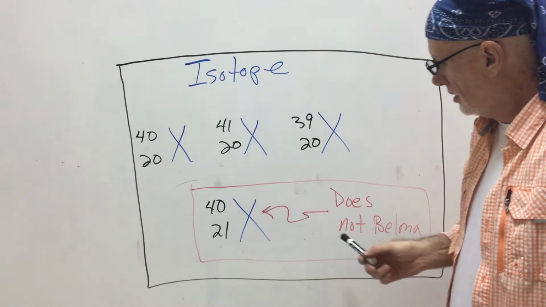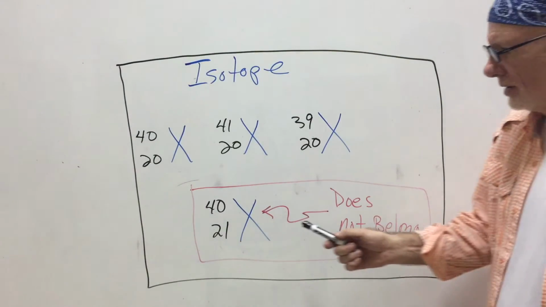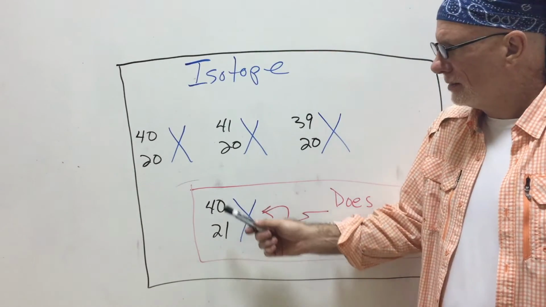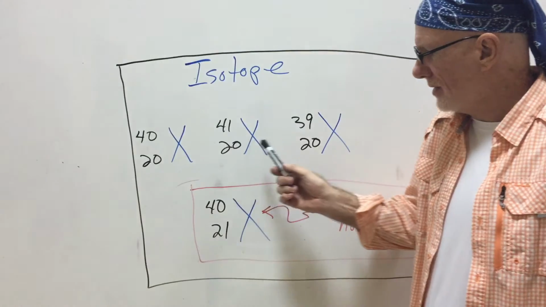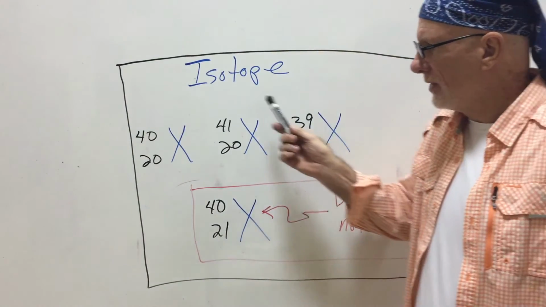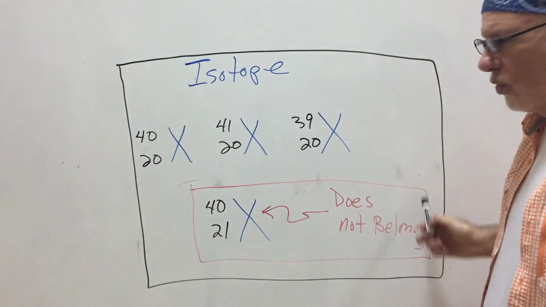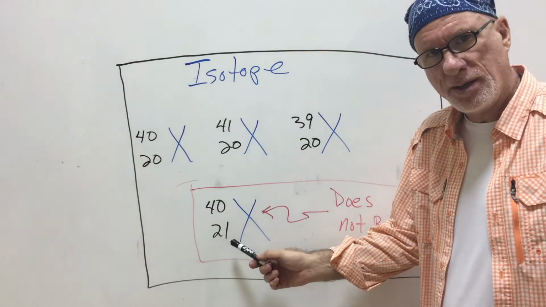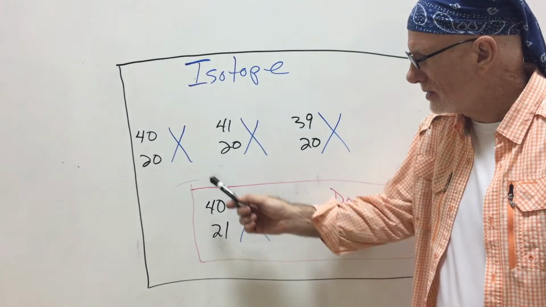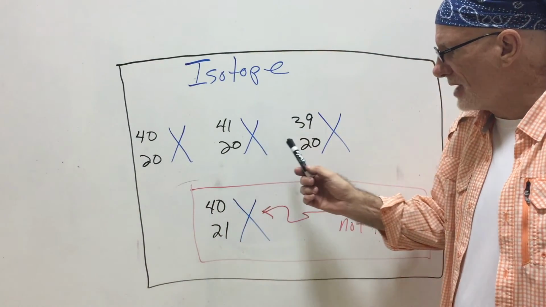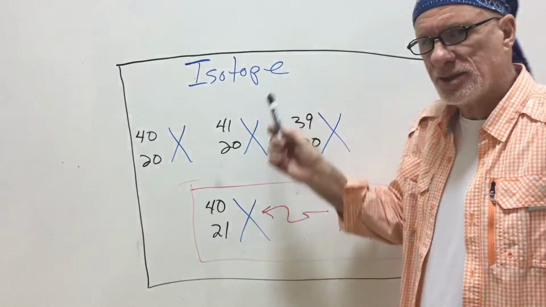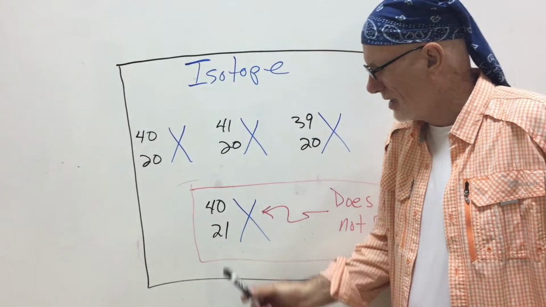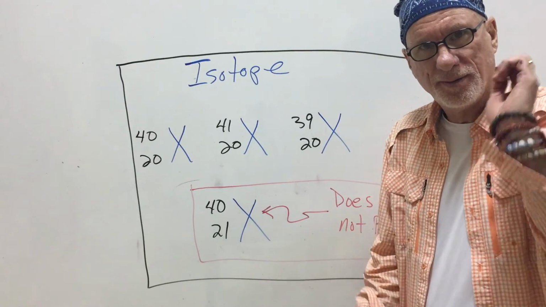This one does not belong because this is a different element. This is 21. The element is defined by the number of protons. So if you had these 4 choices, it would be this one that would not belong because these are the same element. An isotope is a variation on a particular element based on the number of neutrons. That is a different element. Thank you.